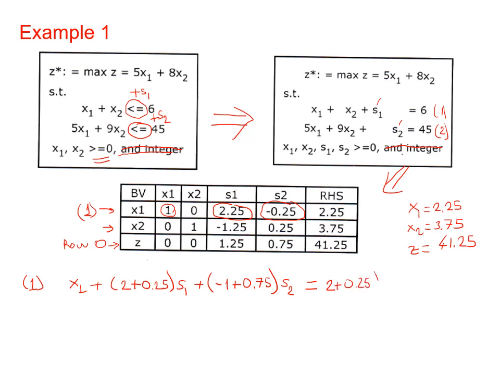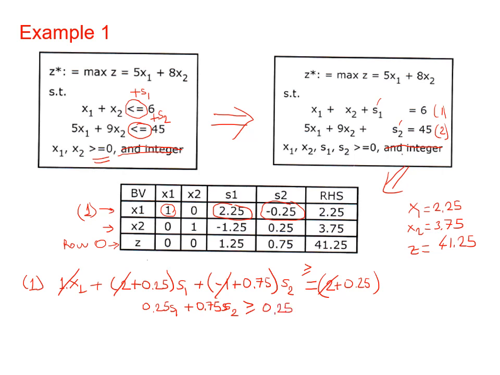For the cut, we just delete the integers. So this is 1 times x1. We delete all integers, and change this sign to greater than or equal to. It means that 0.25 S1 plus 0.75 S2 is greater than or equal to 0.25.